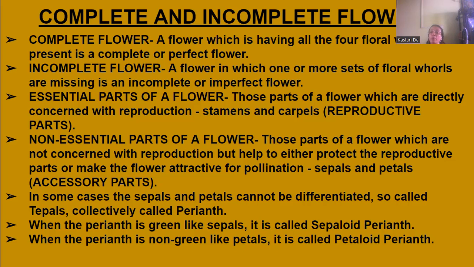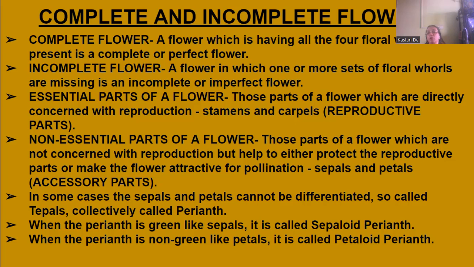And the non-essential parts are those which protect these essential parts, like the calyx, the corolla, the thalamus. All these are accessory parts, or non-essential parts. They are not directly concerned with reproduction, but they help to protect the reproductive parts or make the flower attractive for pollination.